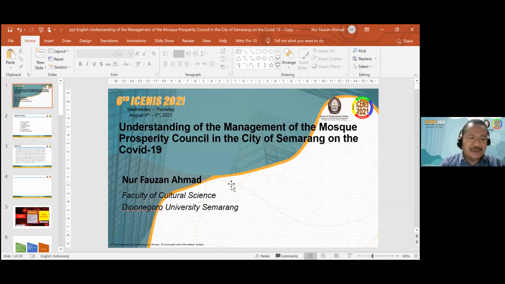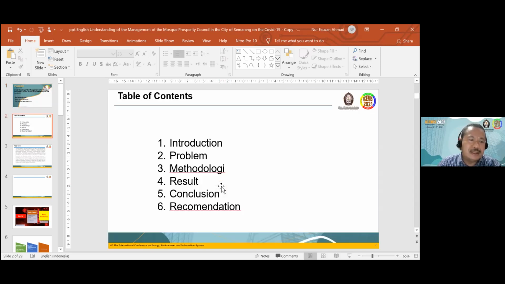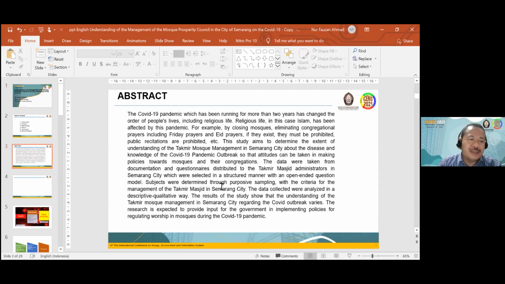This time I will present my article entitled Understanding of the Management of the Mosque Takmir in the City of Semarang Against Illness and the COVID-19 Outbreak. As we know, the COVID virus has been attacking the world for more than two years until now. The COVID-19 pandemic has changed the fabric of the community.